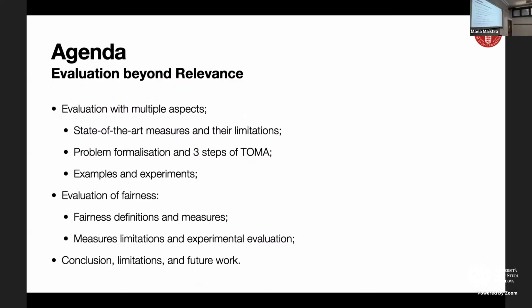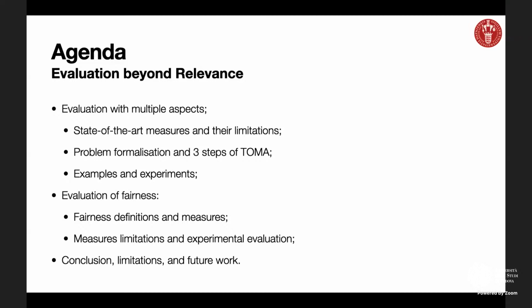So what we will see today is two main topics. The first part of this talk will cover evaluation with multiple aspects. So when we consider, as I said, not only relevance, but for example, correctness and credibility.